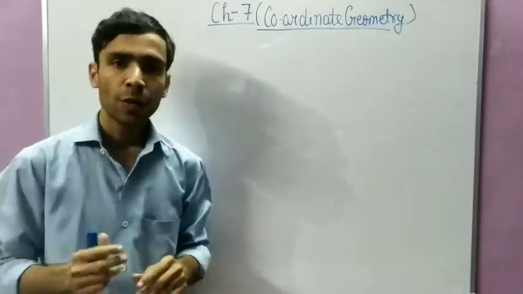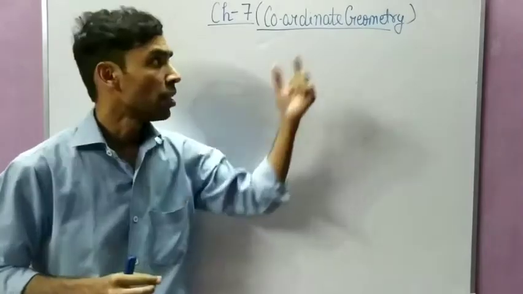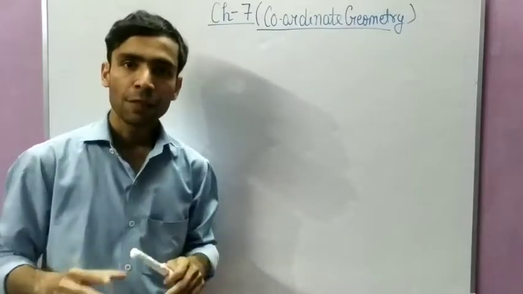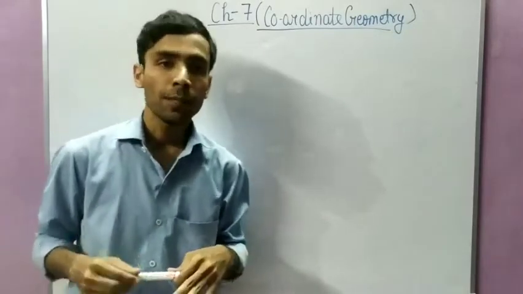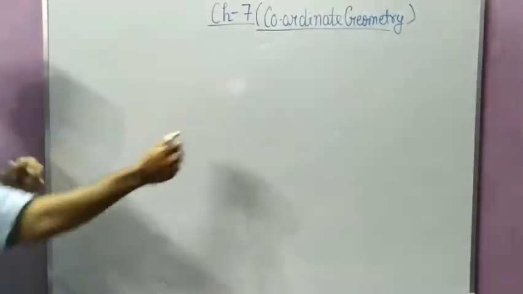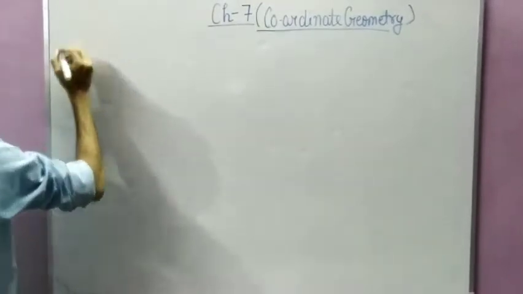So I think you have a little idea about this chapter. I will start from the basics so that you can understand everything. We will start from the xy axis.